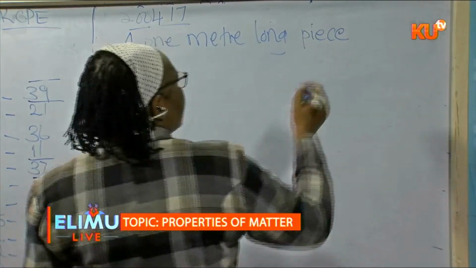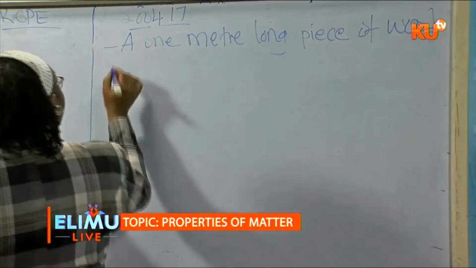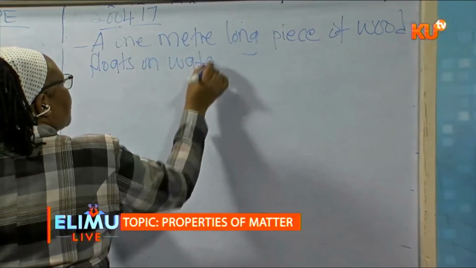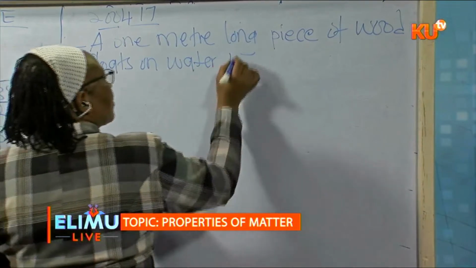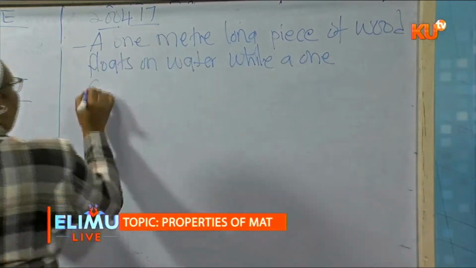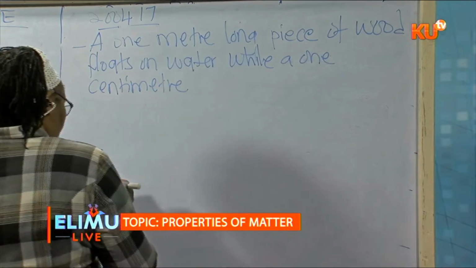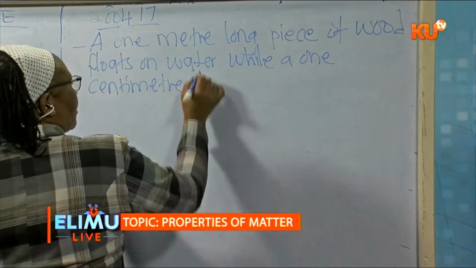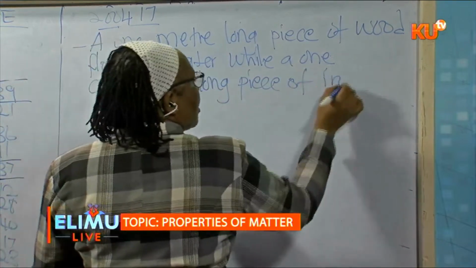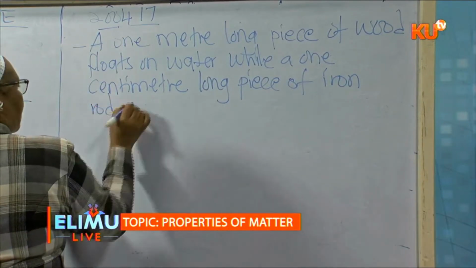A 1 meter long piece of wood floats on water, while a 1 centimeter long piece of iron rod sinks.